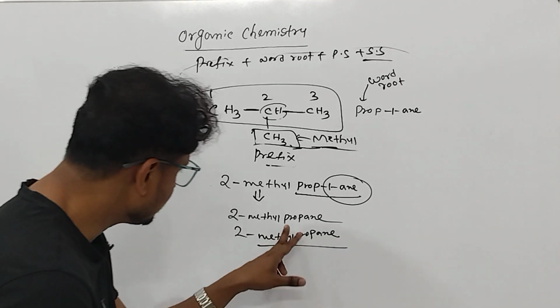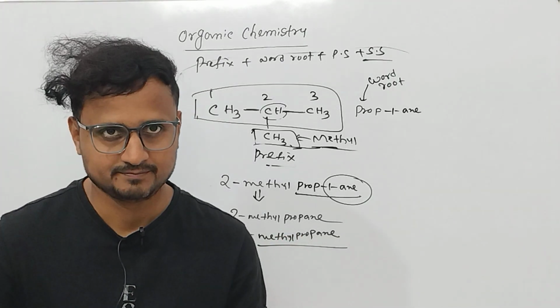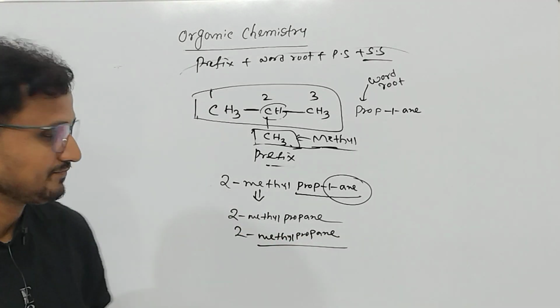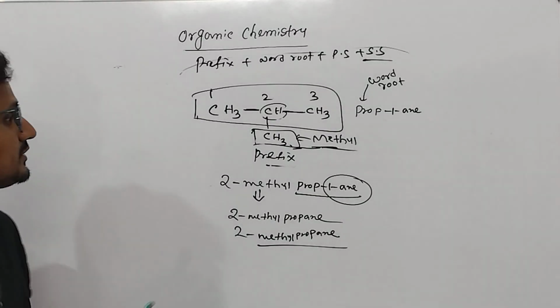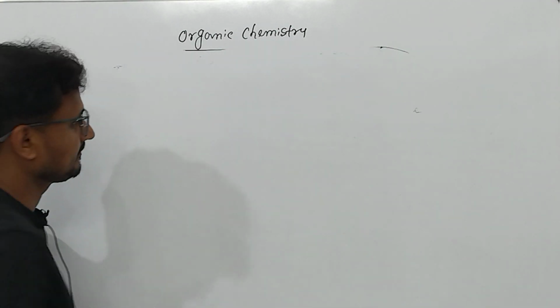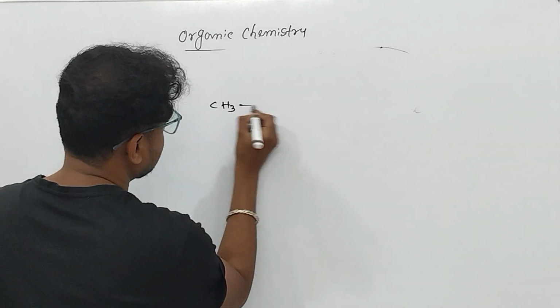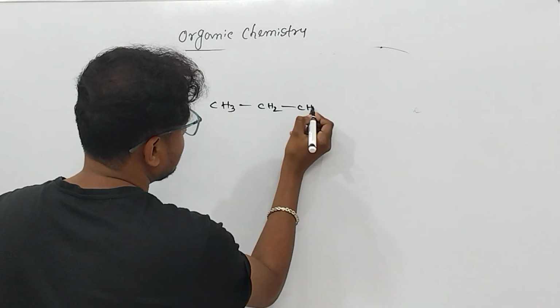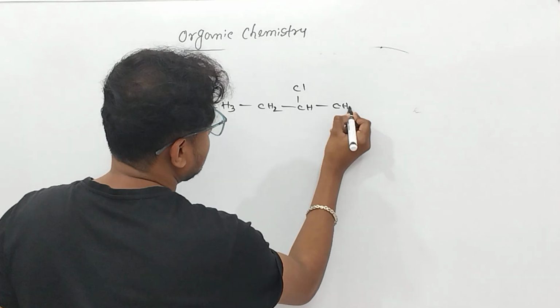But again, if you write like this, it can be considered in ICSE. Now suppose you have written this: CH3, CH2, CH, Cl, CH2, CH3.